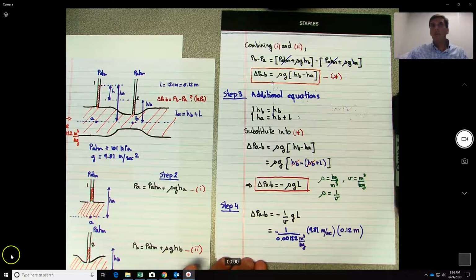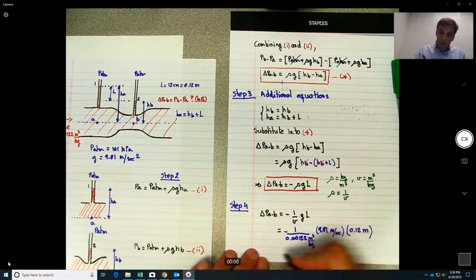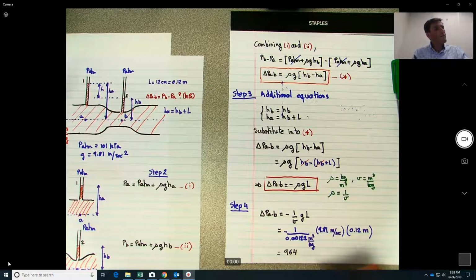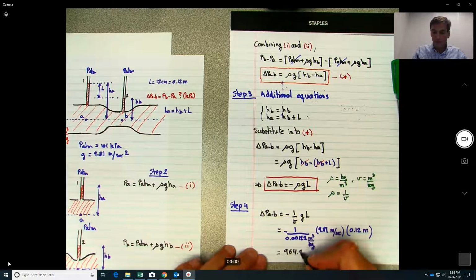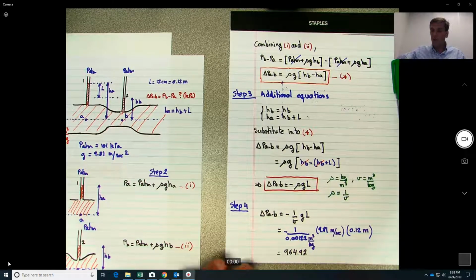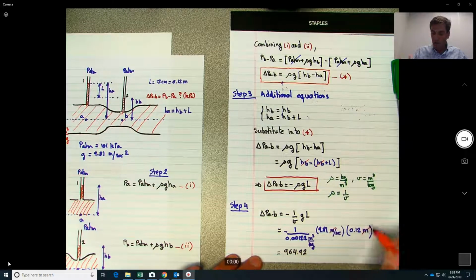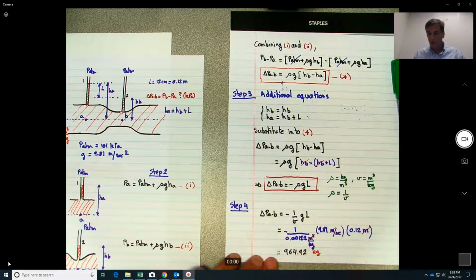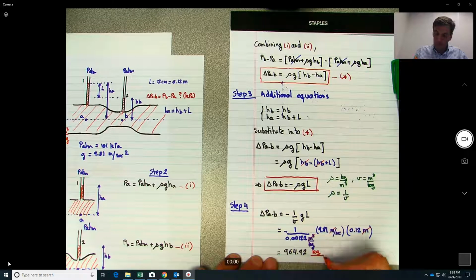Okay, so if we do this calculation, we get over here equal to 964.92, and the units will be, so let's see, this will be meter square, so we'll have kilograms on top divided by meter second.